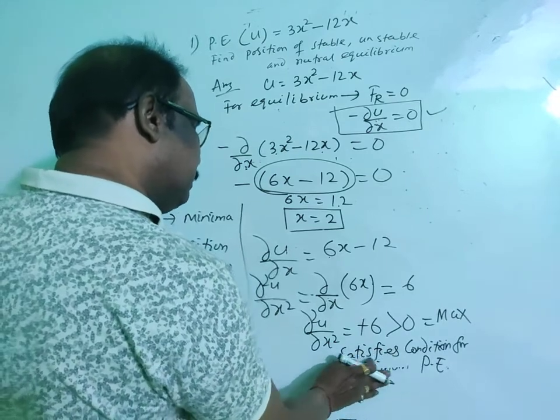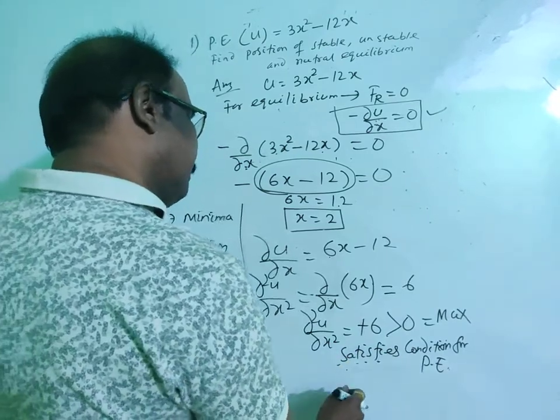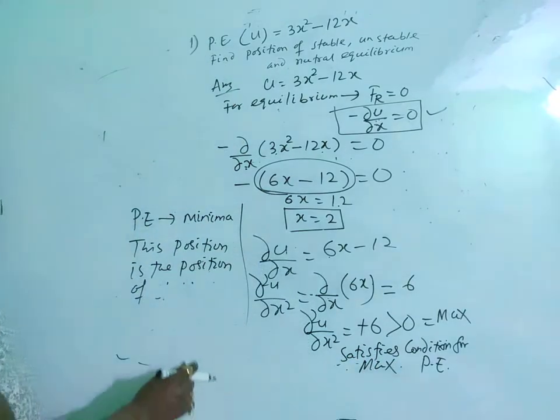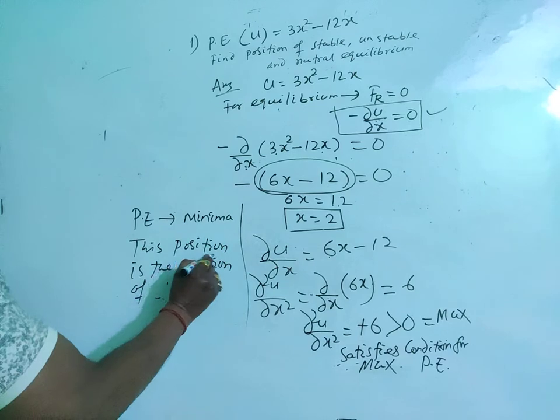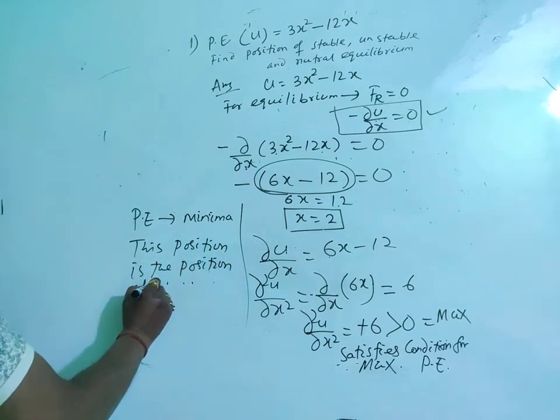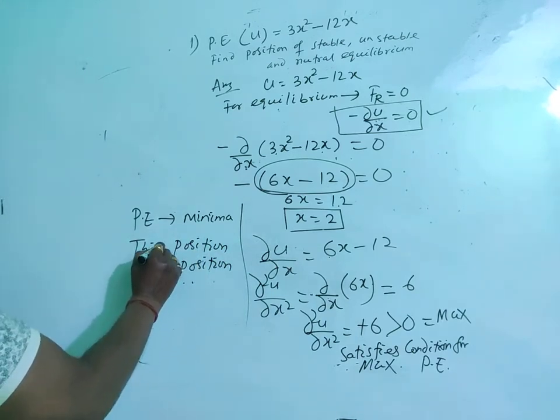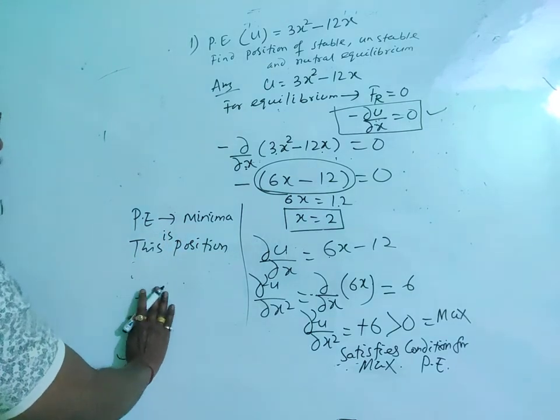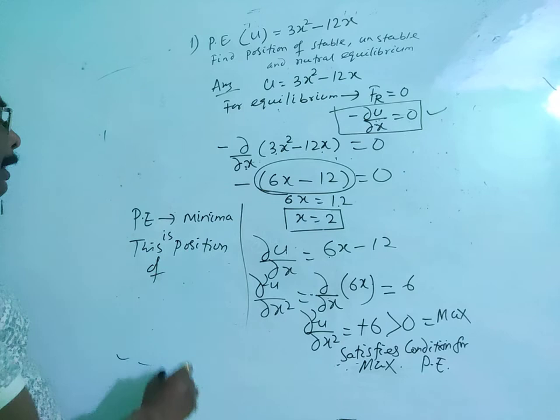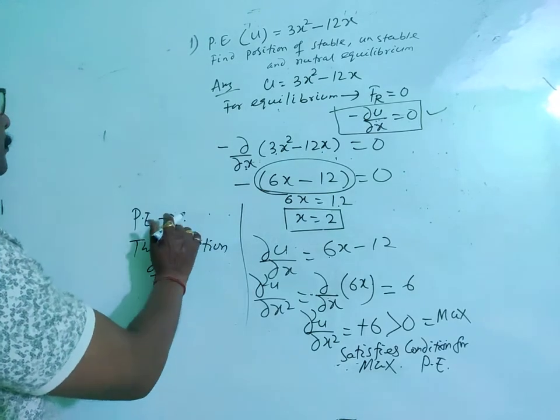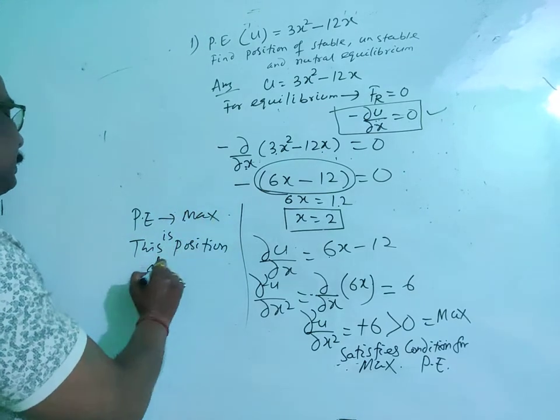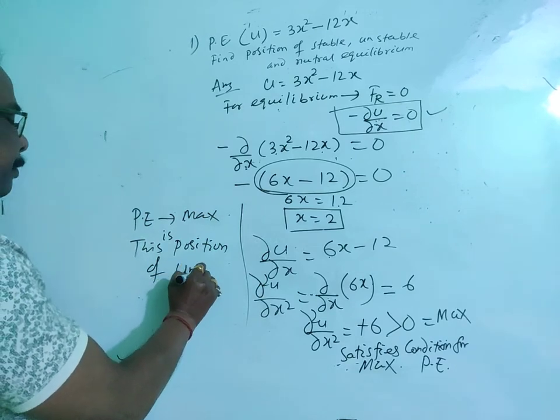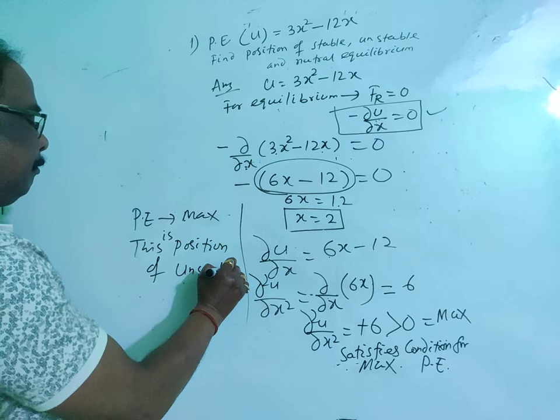This satisfies the condition for maximum potential energy. So if potential energy is maximum, then this shows the position of unstable equilibrium.